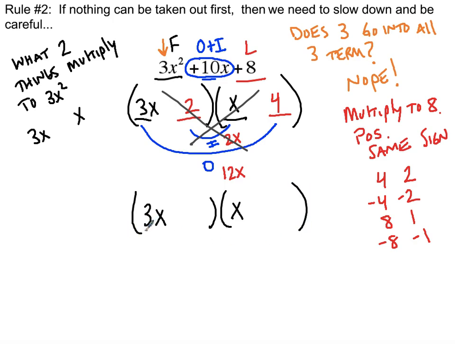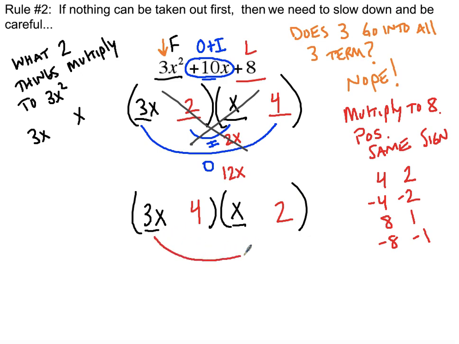So again, I'm starting with my 3x and my x because they have to multiply to 3x squared. Maybe I'll still try this combination of 4 and 2, but maybe I'll put the 4 here and the 2 here. Do you see how last time I put the 2 first and the 4 second? Now I'm going to put the 4 first and the 2 second and see if that works.